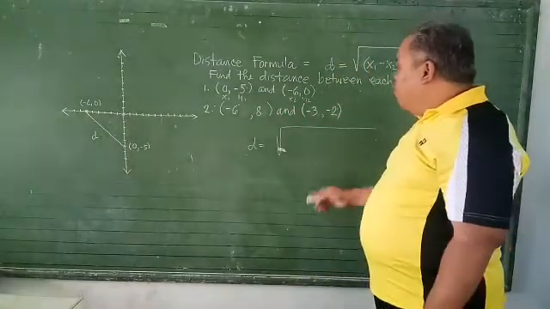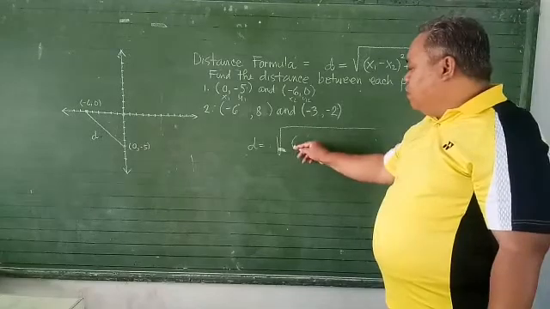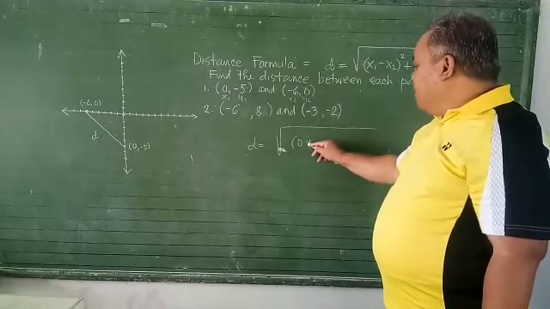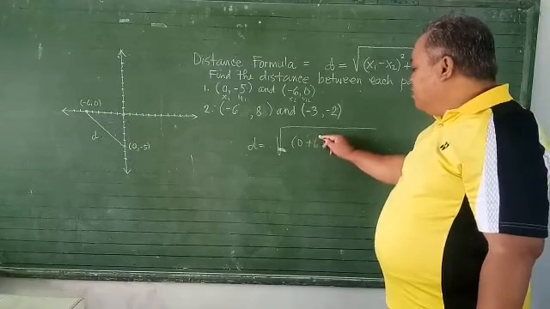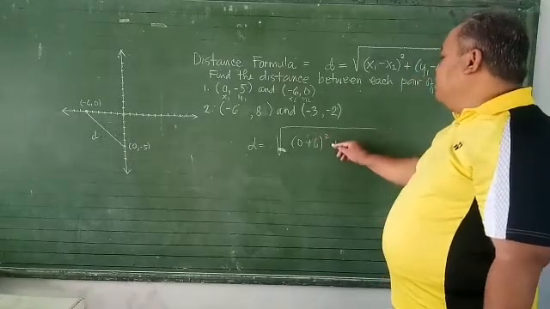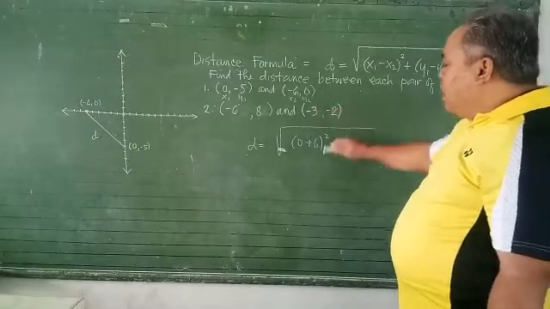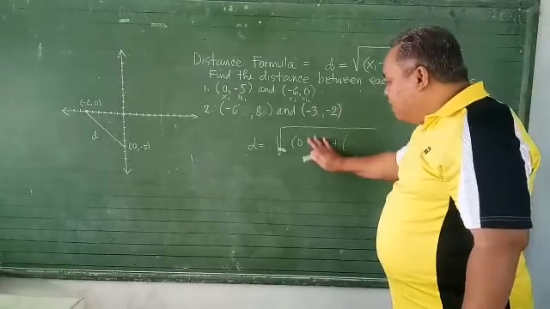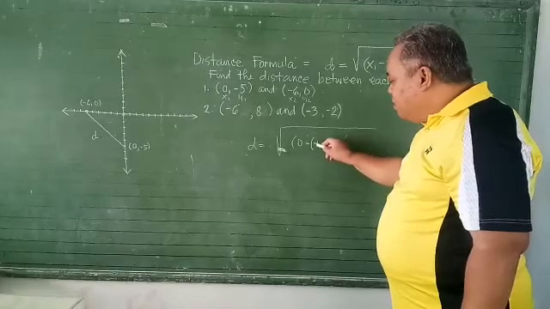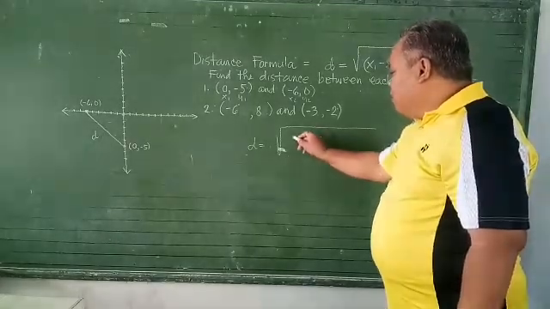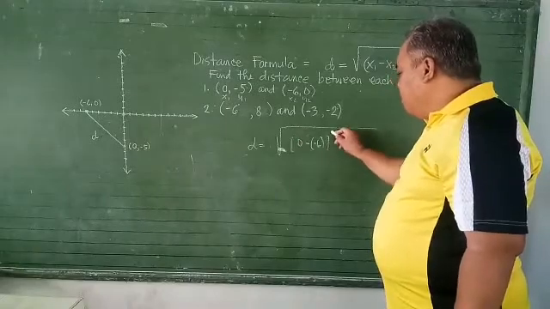So x sub 1 is 0, quantity 0 minus, it becomes plus 6 squared, because it is minus negative 6. To make it clear to all of you, it looks like this.